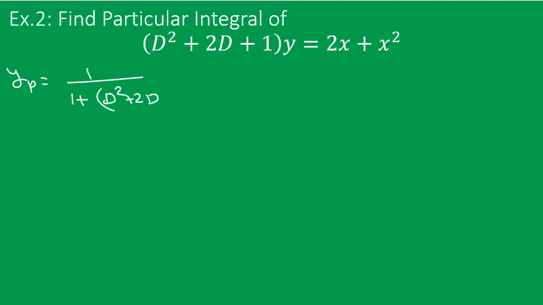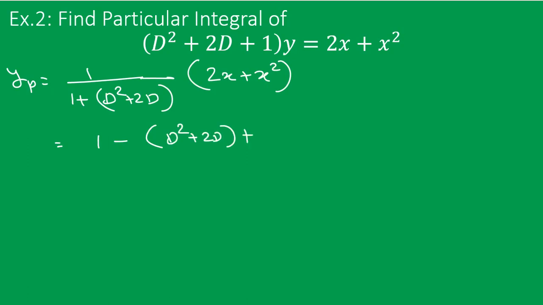This operates on 2x plus x square, which we can write as 1 minus, d square plus 2d, plus d square plus 2d whole square, minus d square plus 2d cube, and so on.